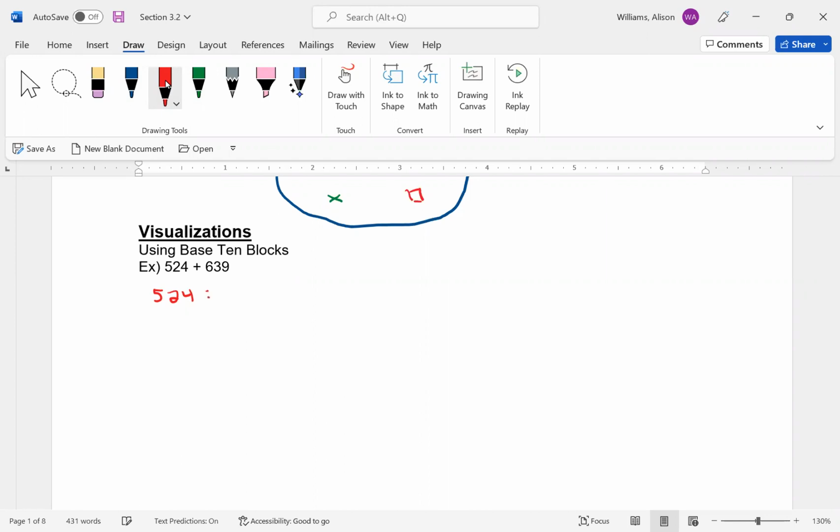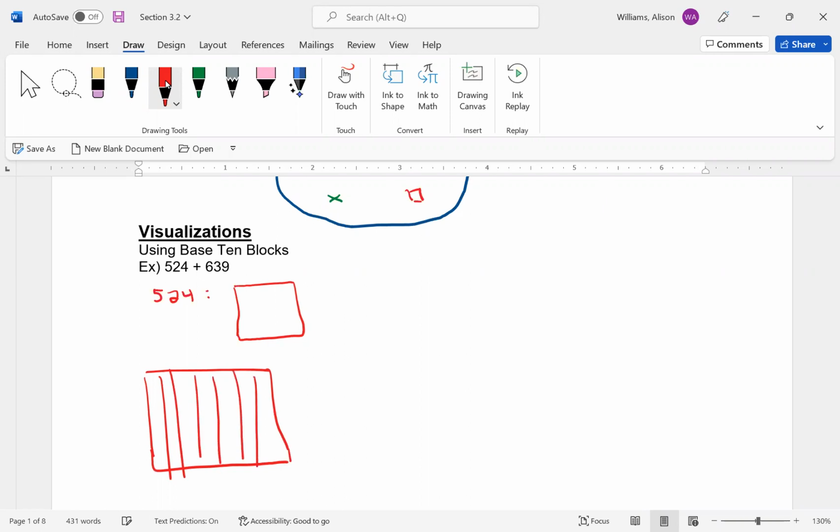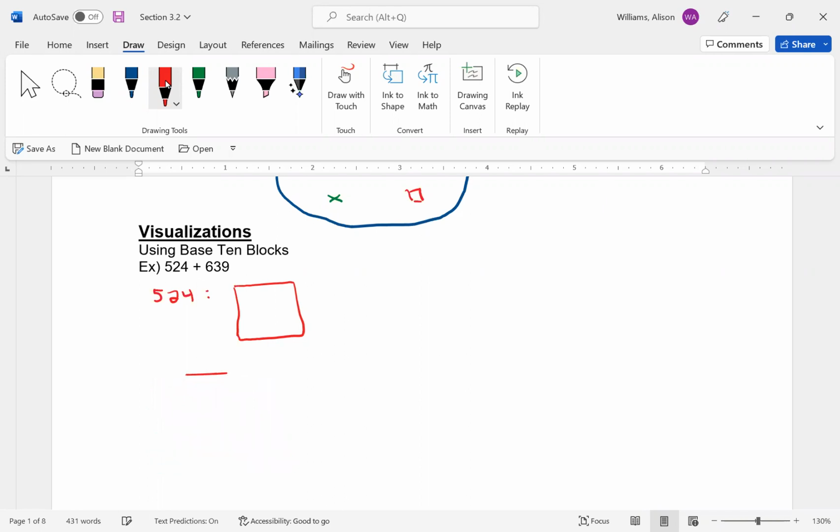Now, for the sake of not taking forever to do this, I'm going to do each 100 block as an actual giant square, but that square is supposed to represent the 10 by 10 blocks that we talked about last time. Here, I'm just going to draw a big one, but where you had 10 rows and 10 columns, right? It's supposed to represent 100 little individual squares, but I'm going to just draw it really big as a big box to make my life a little bit easier. So we would have 5 of these.